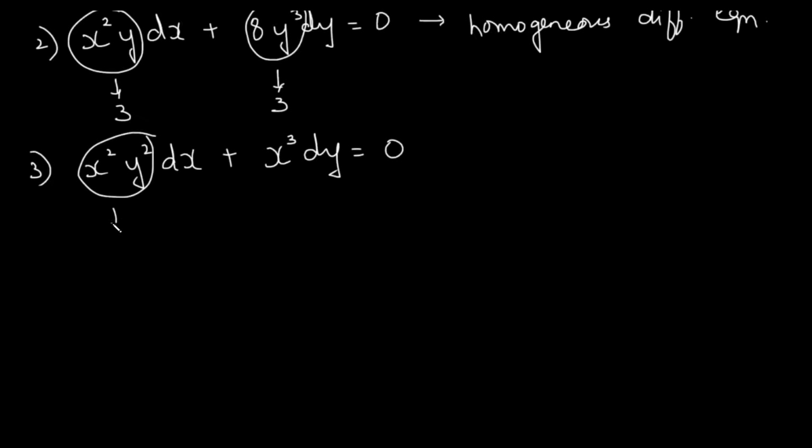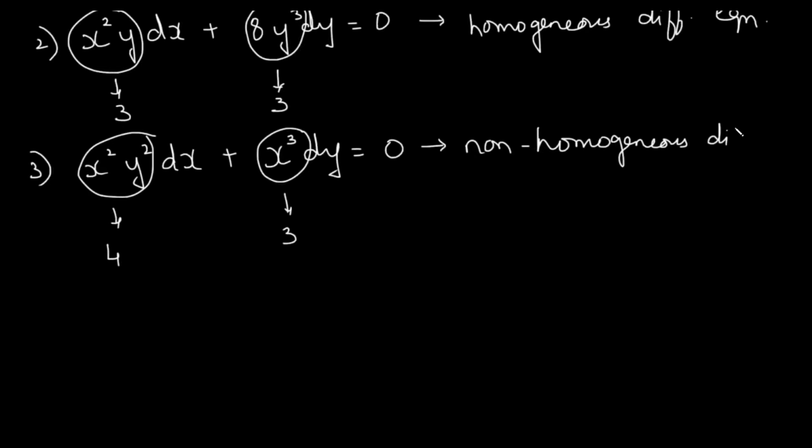And the degree of this other function is 3. That means although both of them are homogeneous functions, their degree is different. That means a differential equation formed from them is a non-homogeneous differential equation.